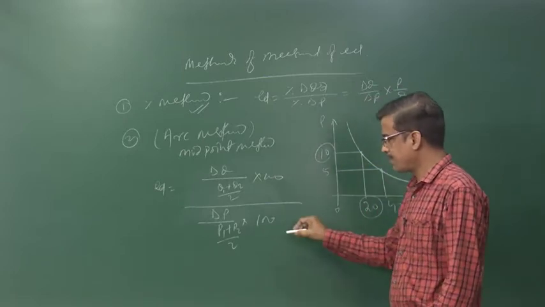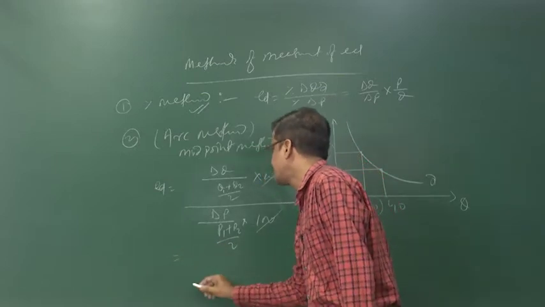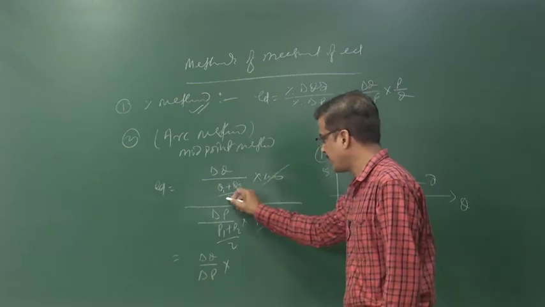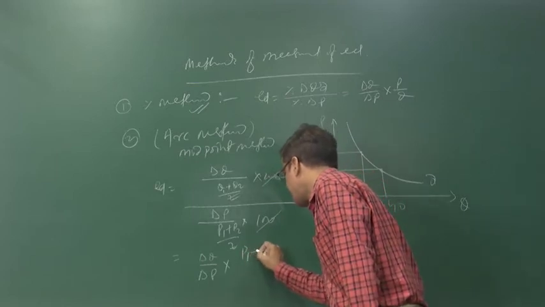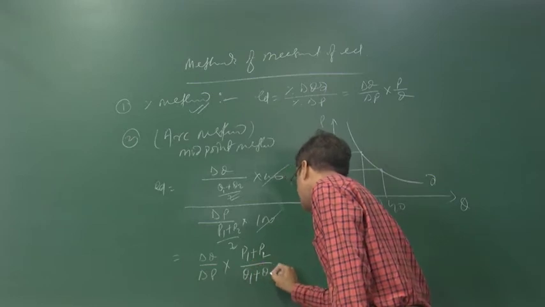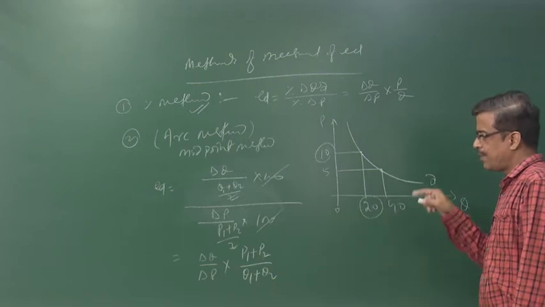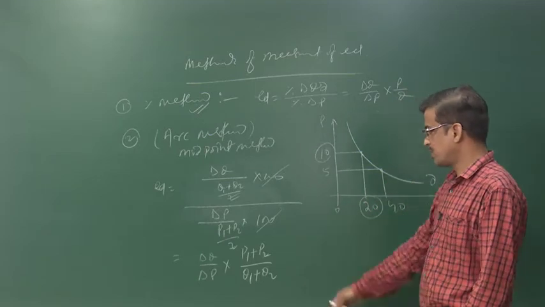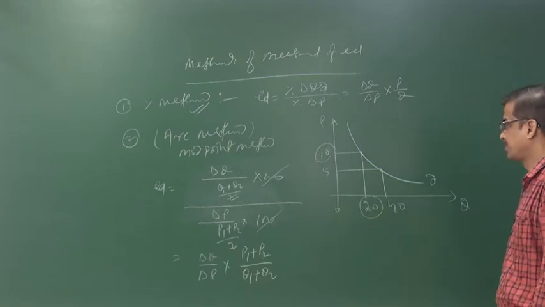If you take the average of the price and the average of the quantity, the 2s cancel, and then delta Q upon delta P is multiplied by the reciprocal of it, this is the Q1 plus Q2. So, delta Q upon delta P multiplied by P1 plus P2 divided by Q1 plus Q2. This is the method called the midpoint method or the arc method, right.